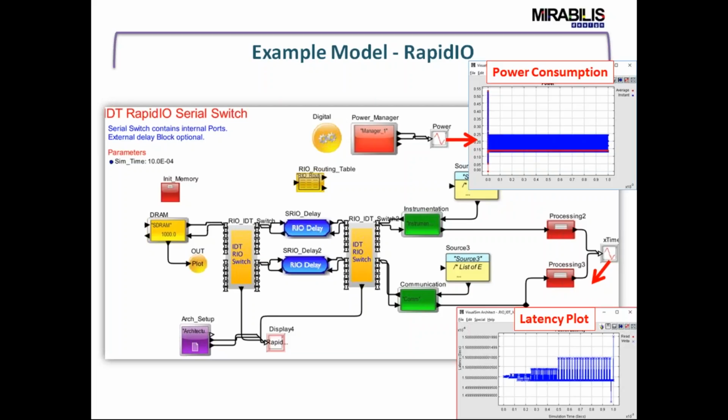And that allows you to explore the system performance with the current technology as well as the future technology. The IDT switch in this case could be supporting my second generation RapidIO, and maybe after 2 or 3 years down the line I may have a fourth generation of RapidIO technology.